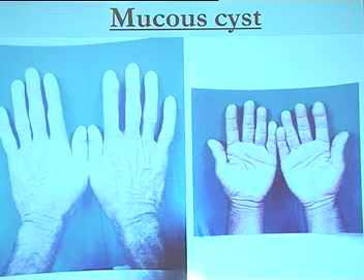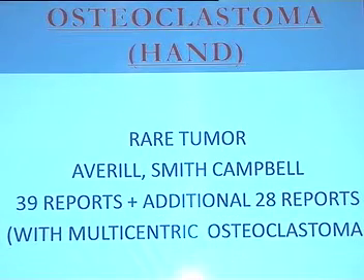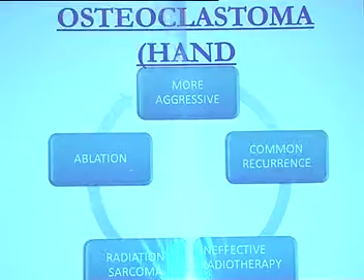This is the mucoid cyst. Mucous cyst is a very rare type of tumor of the hand. In my series, the most common tumors are osteoclastoma of the distal radius, phalanx and metacarpals, and even the ulna I have noted. The giant cell tumor of the tendon sheath is also one of the commonest.